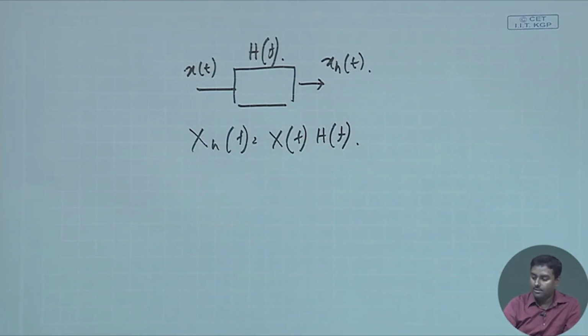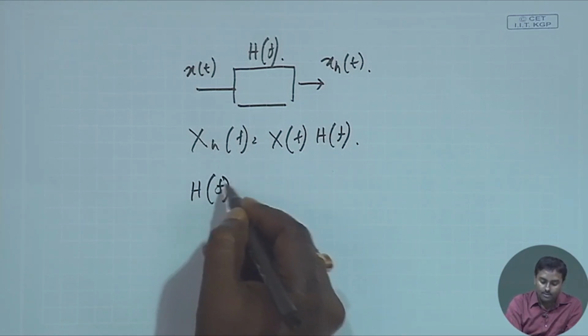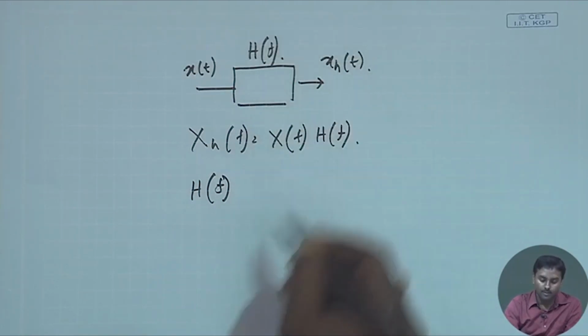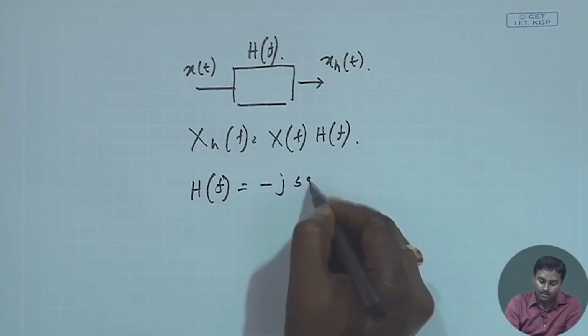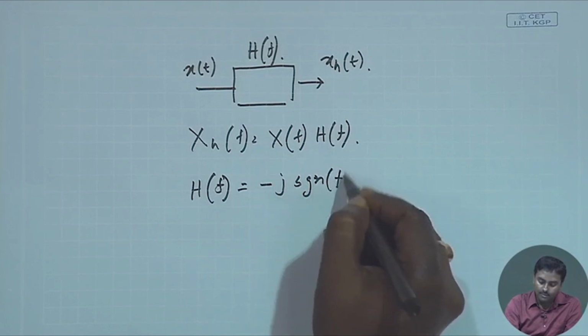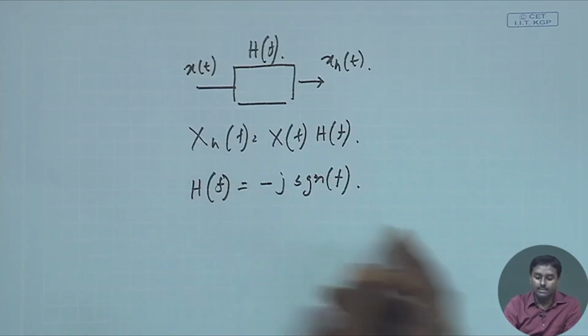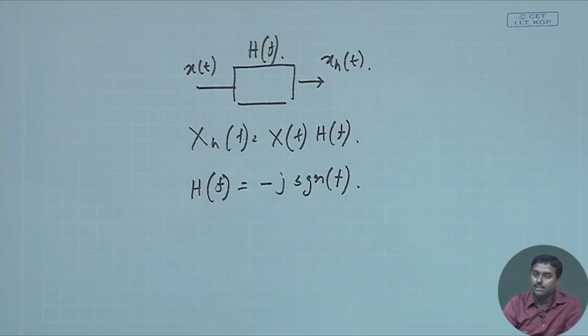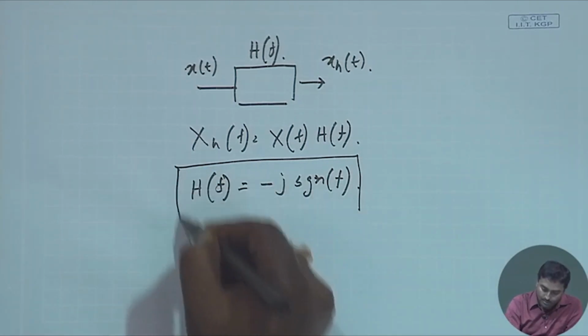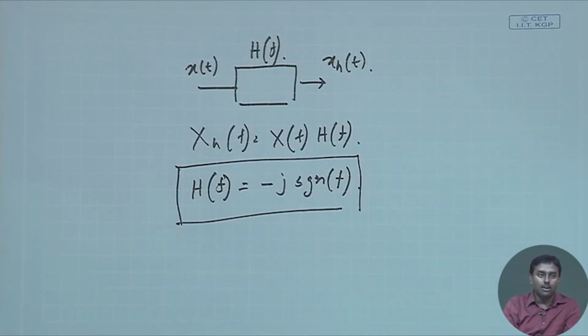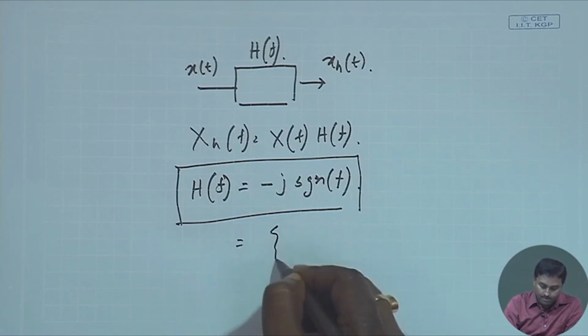Going back to my previous relationship, if this is the Hilbert transformer, then H(f) must be minus j signum f. We have already proven that Xh(f) is X(f) into minus j signum f, therefore H(f) must be minus j signum f. This is the transfer function of a Hilbert transformer.